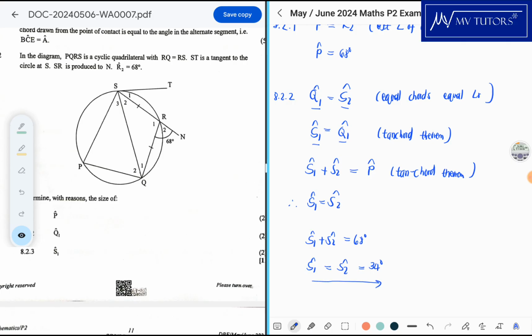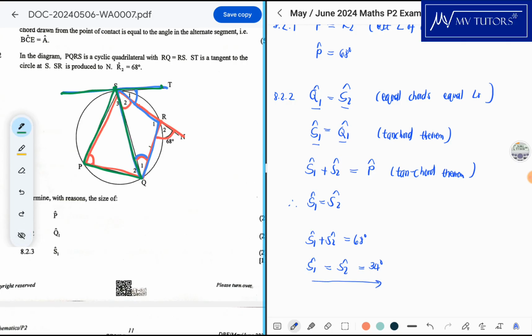All right, yeah, so basically that's the long and short of this question. Now we are determining with reasons the size. Oh, am I done? Yeah. I've just said S1 is equal to S2, which is equal to 34. I should actually say which is equal then to Q1, which is what we're looking for.